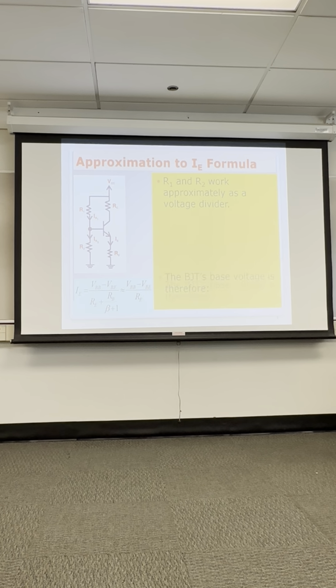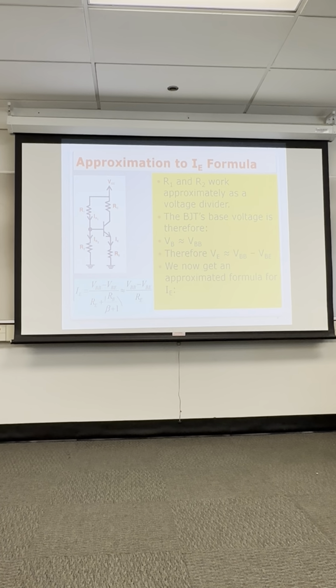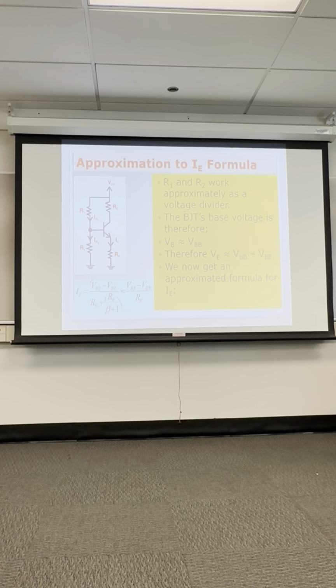So this approximation for the emitter current at the bottom here, basically saying that this term R sub B over beta plus 1, if we neglect that term, we get an approximate formula for I sub E. So this is actually the preferred version of this formula.